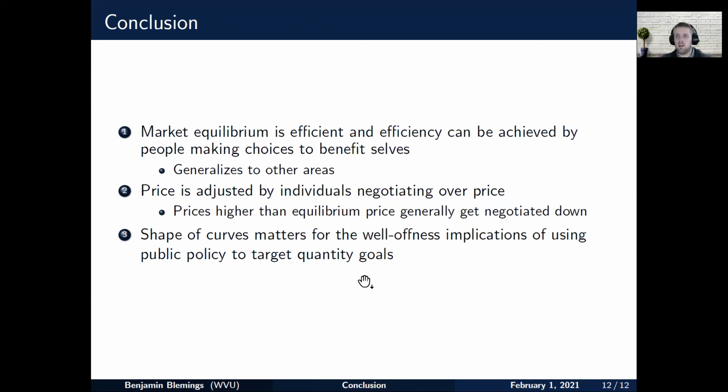People think that this P star is set by governments or something. That's not true. It's just through the interactions of buyers and sellers and negotiation over the price that the invisible hand works. And then the shape of these curves really matters for the welfare implications of using public policy to target quantity goals.